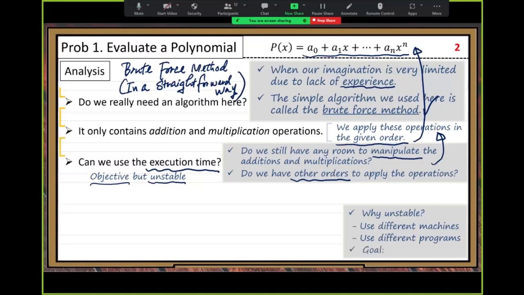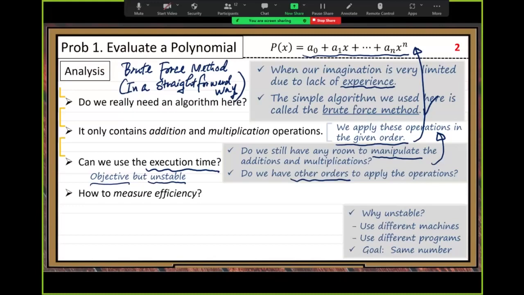So the goal for a stable, better measure for the efficiency, we want to make sure our efficiency number is always the same for different hardware devices or different software implementations, always the same number. In that way, we can say it is a stable measure.